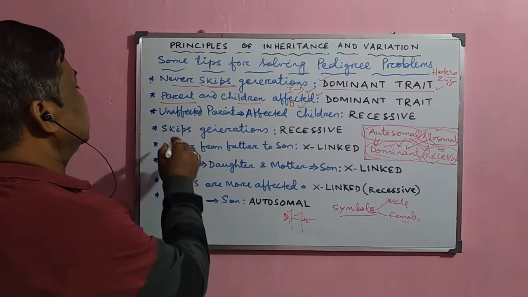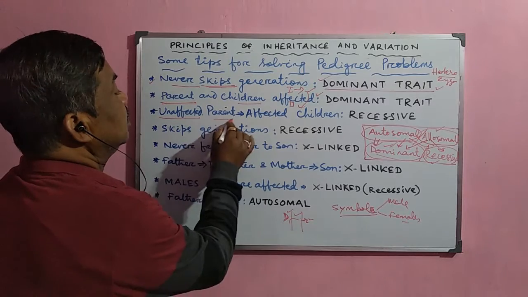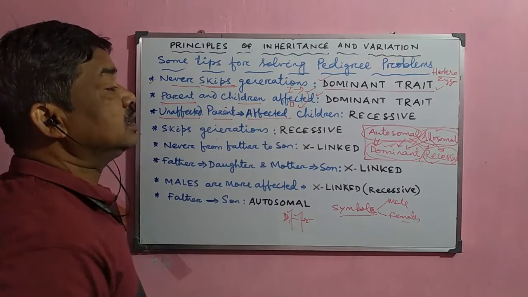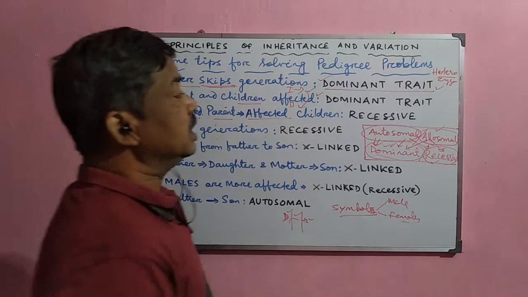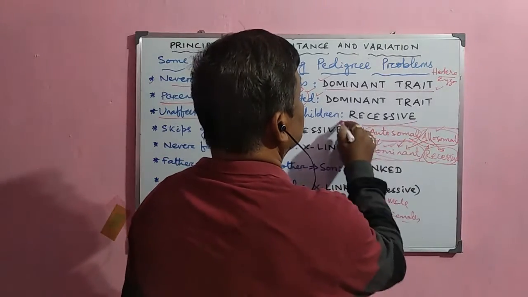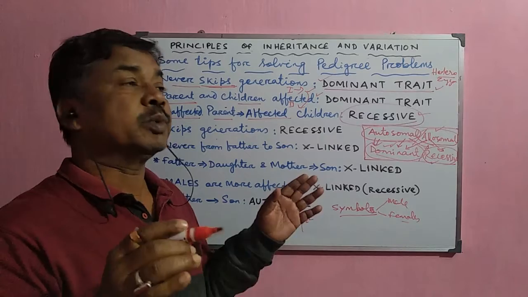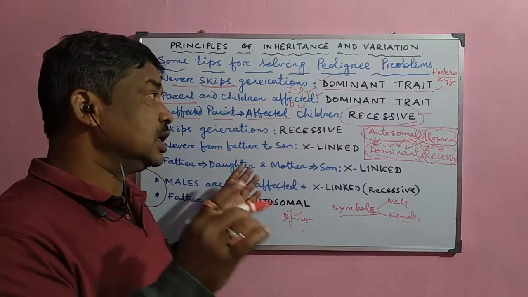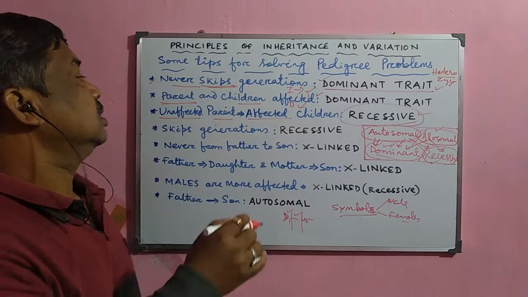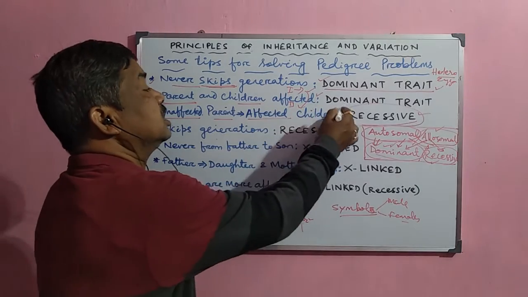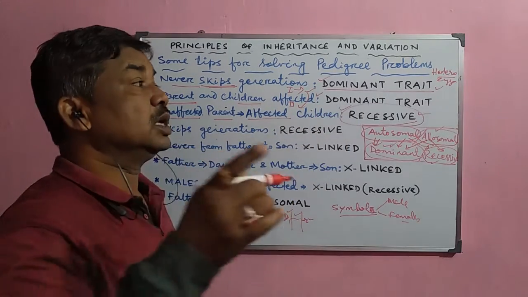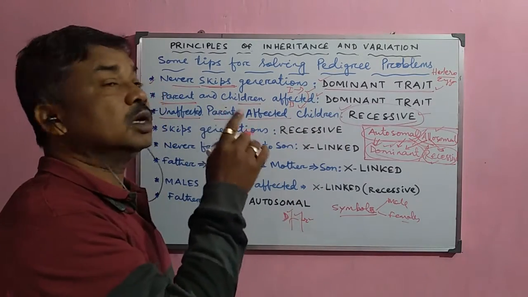Next, if unaffected parents have affected children, then normally it is a recessive trait, because the parents may be in the heterozygous condition. In the heterozygous condition the recessive gene is not expressed, because if there is a dominant allele, the dominant will be expressed.